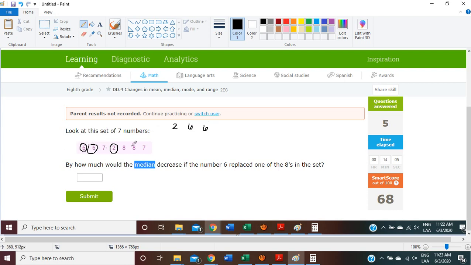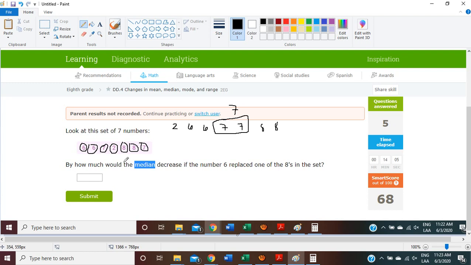Okay, and then we have 2 7s, 7, 7, and then we have 2 8s, 8, 8. Okay, there are 1, 2, 3, 4, 5, 6, 8. So 4 and 4. So again, we have two numbers in the middle, and because they are the same number, the median is 7.